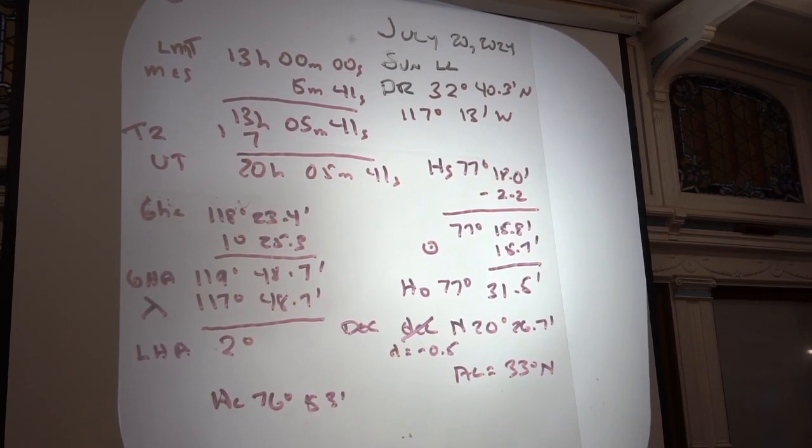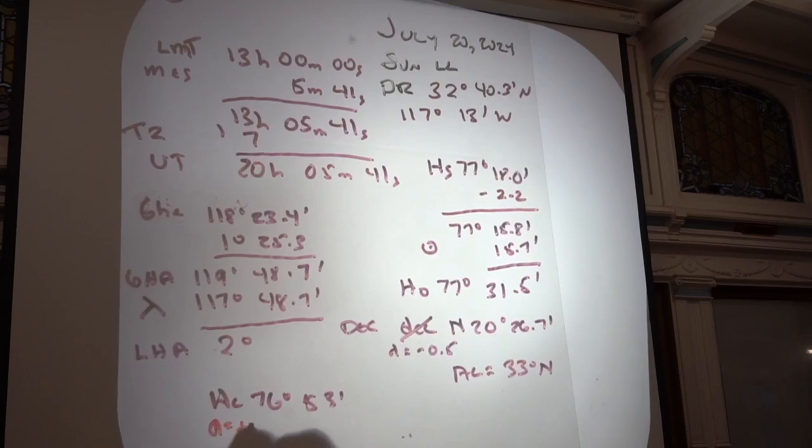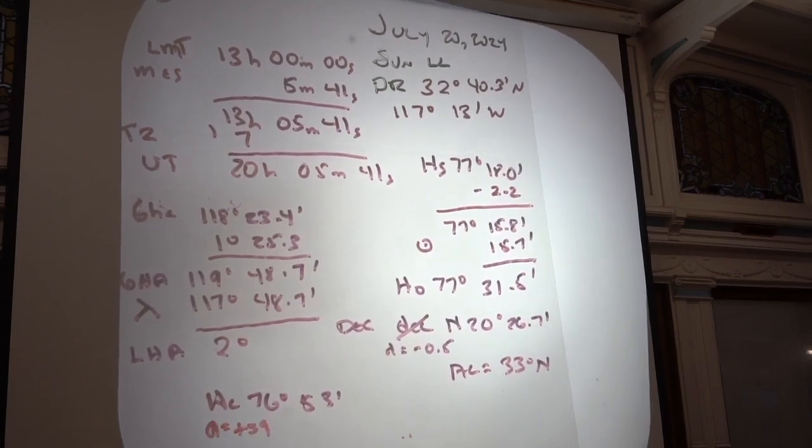That's an interpolation number again. It's a plus, yeah. So D equals plus 59. That's going to alter the HC by a certain amount.